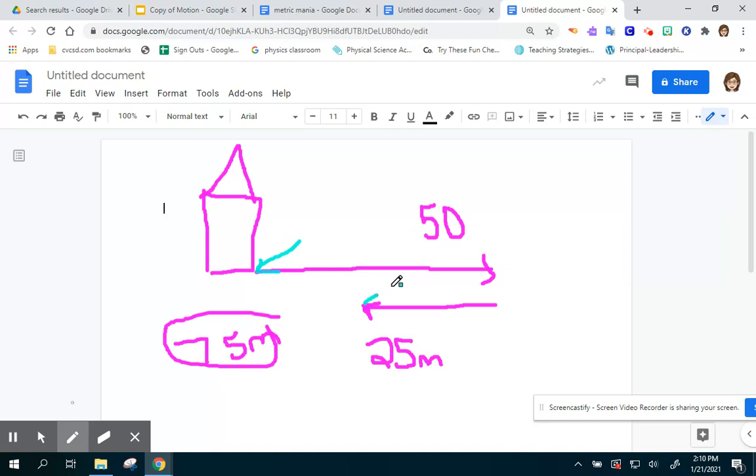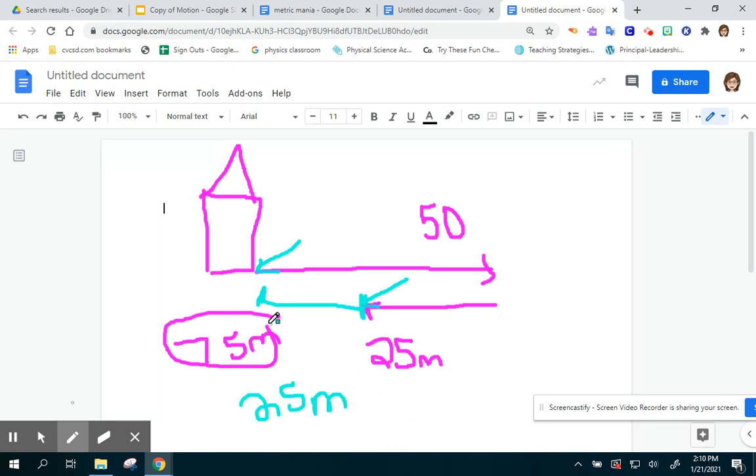Look at where he finished, which was this point right here. And if we look at those 2 points, the distance in between, we can do this one in our head, 50 minus 25, what's left over? Our displacement is going to be 25 meters.